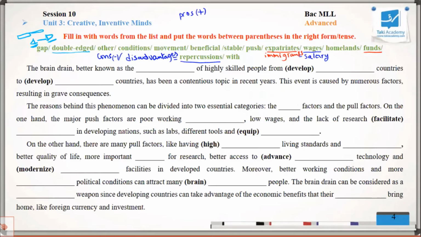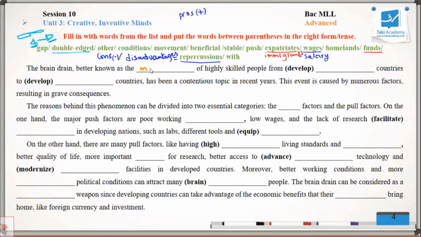Okay, now getting back then to our exercise. Let's try to read and fill in the blanks. The brain drain, better known as the blank of highly skilled people. Yes, we have from, to, so we're talking about a movement.